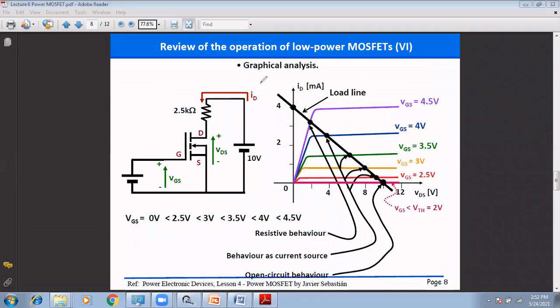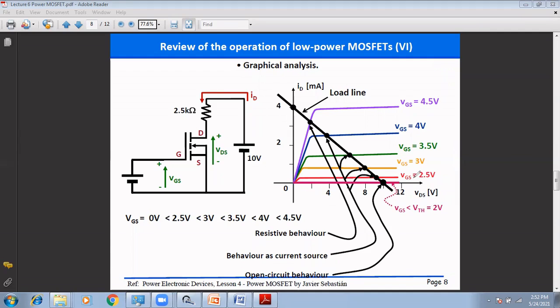This is a simple graphical characteristic of the MOSFET when we apply the gate voltage VGS. So these are VGS voltages of 2.5 volt, 3.5 volt, 4 volt, and so on. As the gate voltage VGS increases, the value of ID also increases. Below that voltage, that is VGS below 2.5 volt, the value of ID is 0.